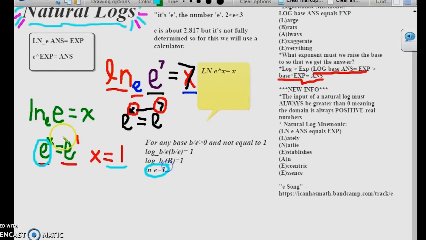Therefore, the natural log of e equals 1.